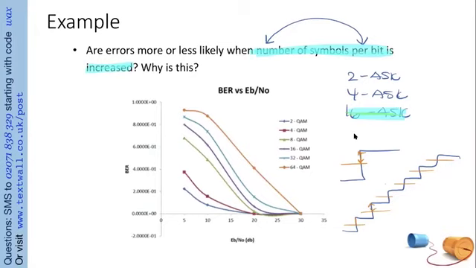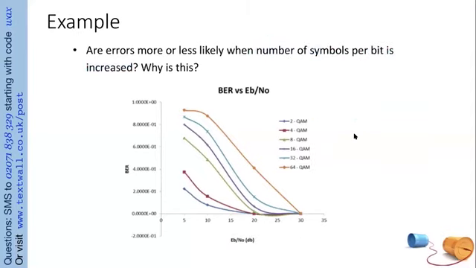So here, as we go from 2 up to 64 QAM, at the same, if we take this, this is the same as signal-to-noise ratio. What I should have probably written was signal-to-noise ratio because it's in decibels. So at a given signal-to-noise ratio, compare these.